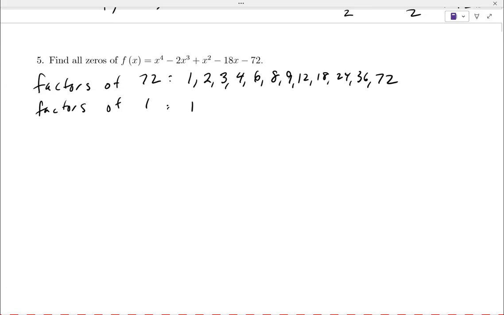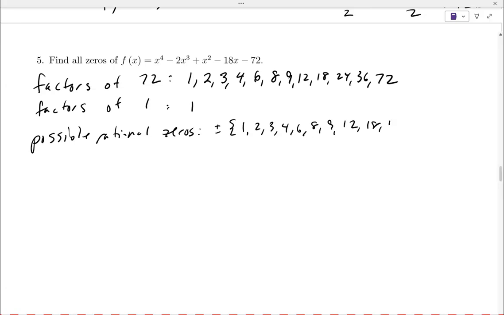Don't fight it. All right. What about your possible rational zeros then? Good. Your denominator is 1 all the way across, right? So you just get plus or minus all those factors of 72 that we had.